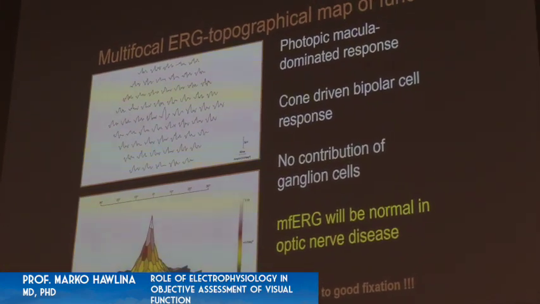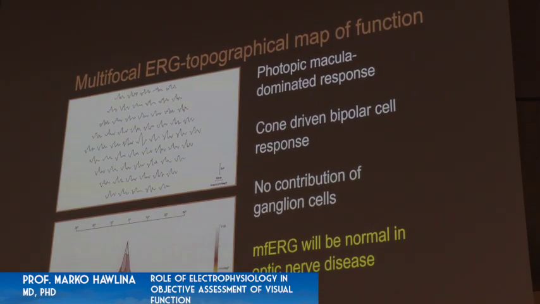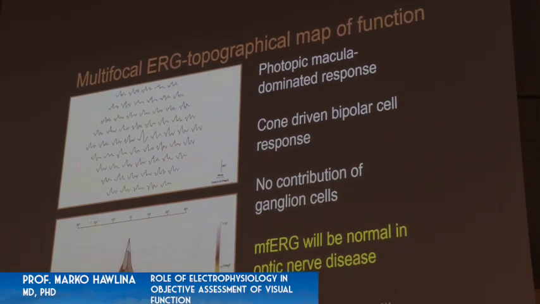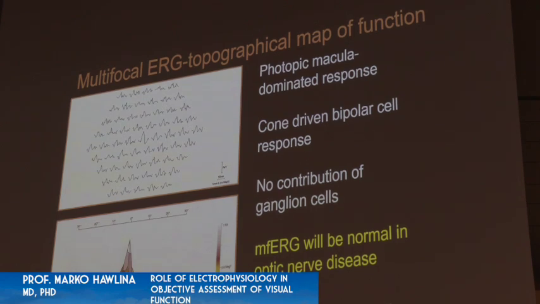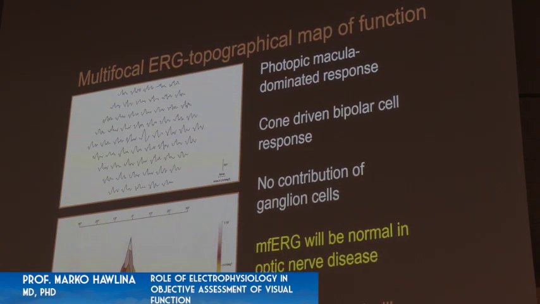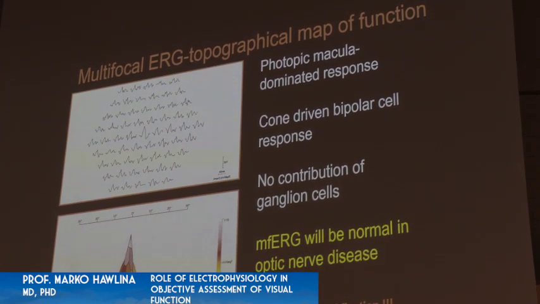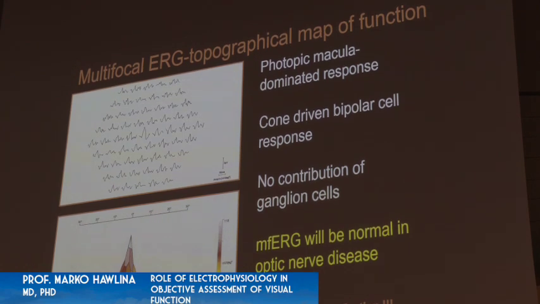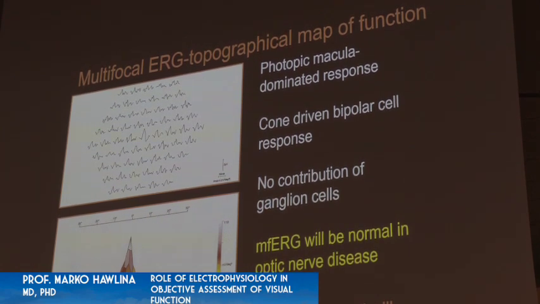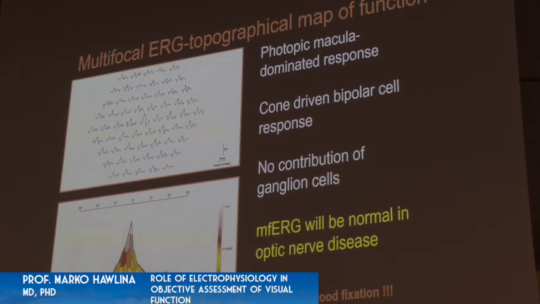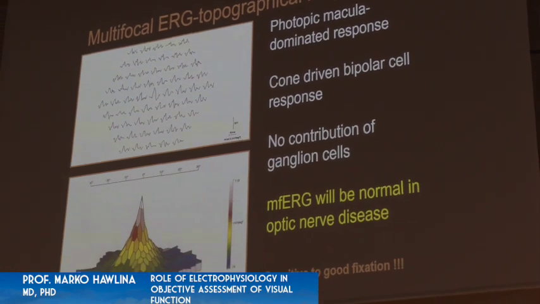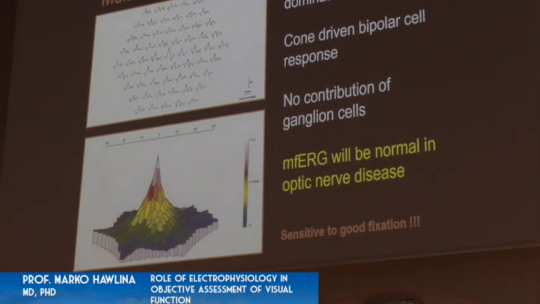What is multifocal ERG? This is a reconstruction of the central part of the retina based on stimuli that differentially stimulate different parts of the central retina, and then the computer will reconstruct this image, which will give you the topographical function of the retina.